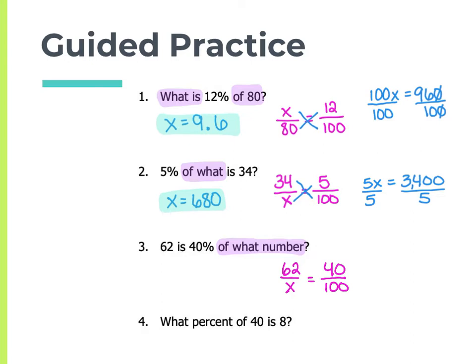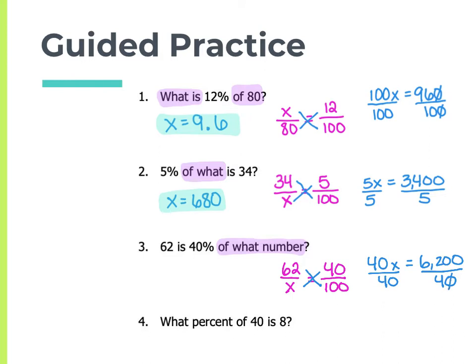Next we will cross multiply to solve. 40 times x is equal to 62 times 100, which is 6,200. We'll divide on both sides by 40 to get x by itself.